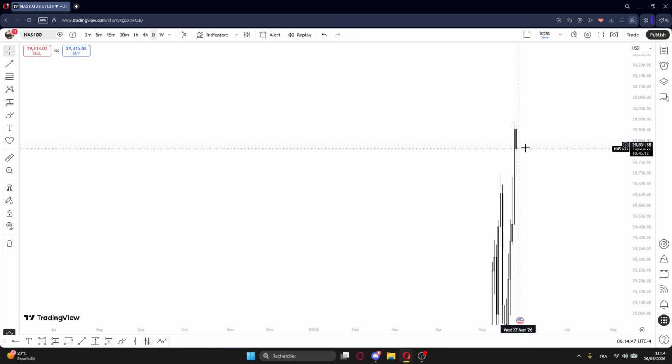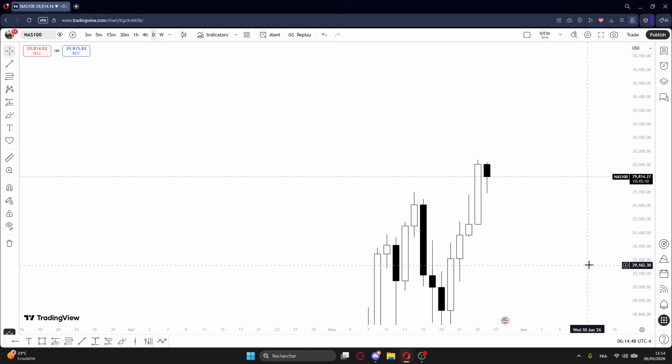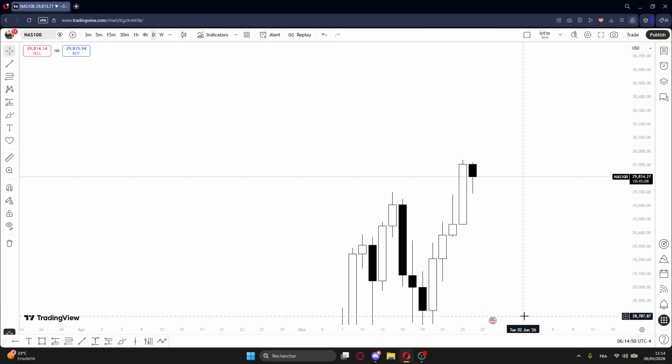Now, does this stop the expansion? Absolutely not. This confirms the expansion with a Monday low week, right? So how you should be seeing it is Monday low week, then potentially Tuesday, Wednesday.